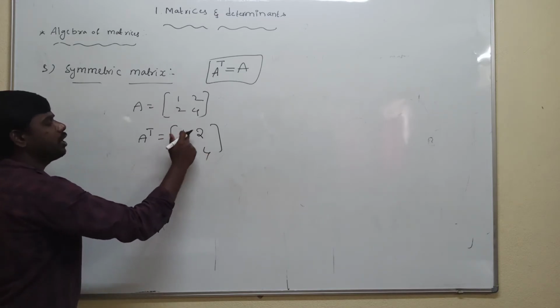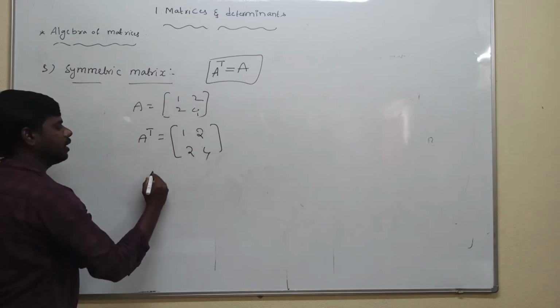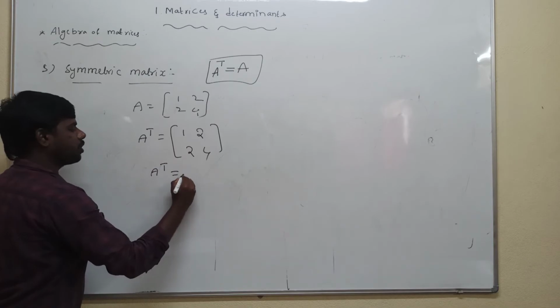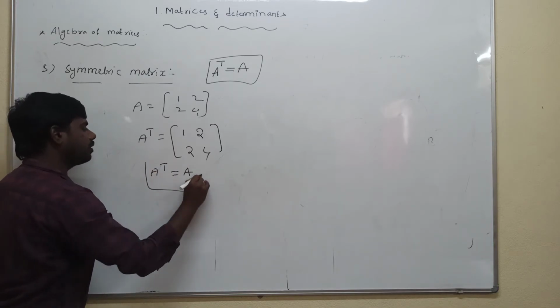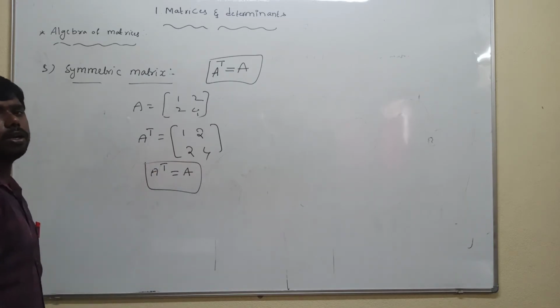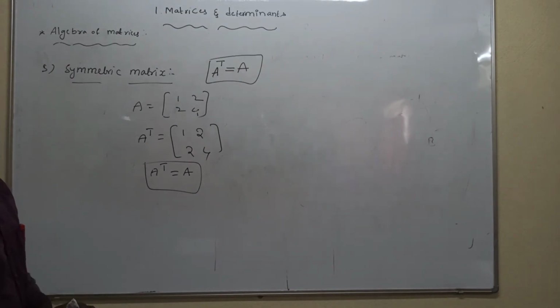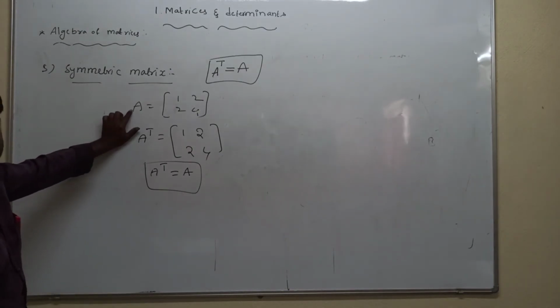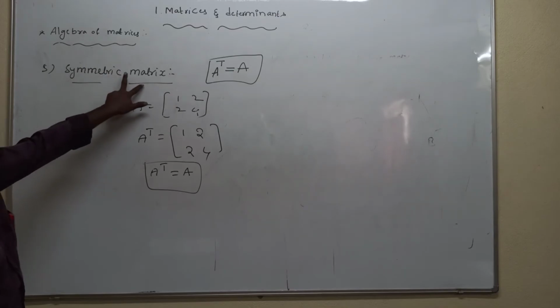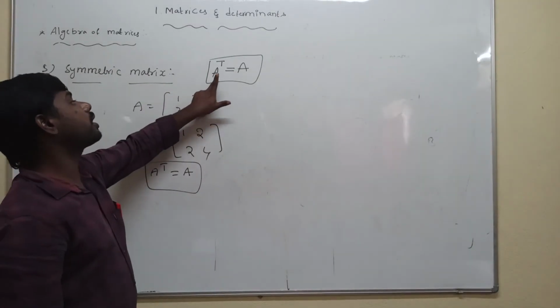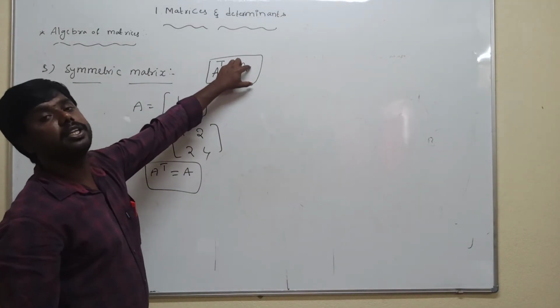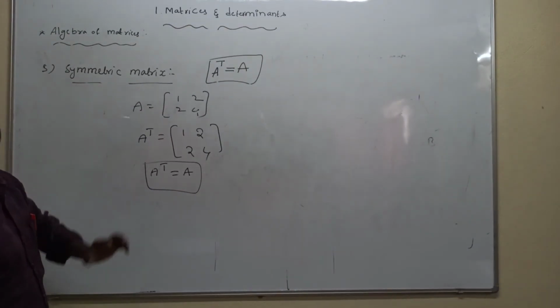We get the same matrix, [1 2; 2 5], which is nothing but A. So the transpose of A is equal to A, and then it is called a symmetric matrix. A square matrix A is called symmetric if A^T = A.